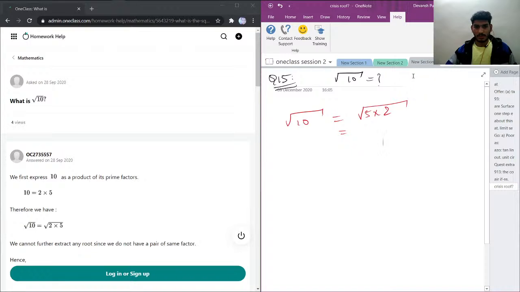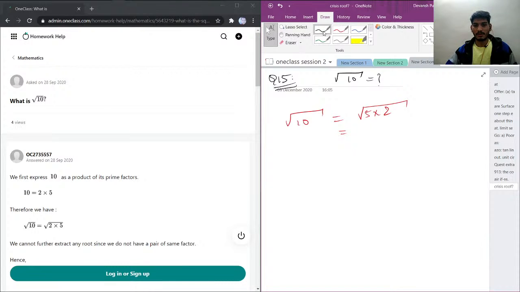So square root of 10 is the simplest radical form.